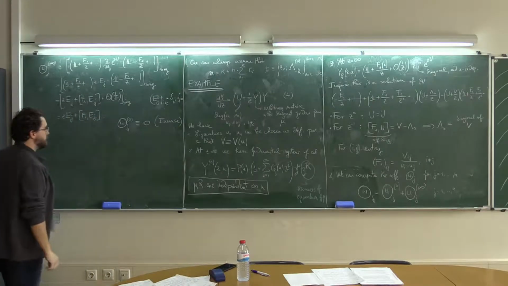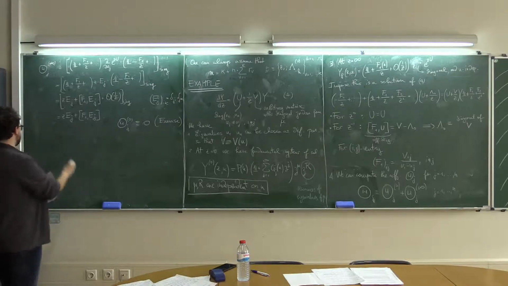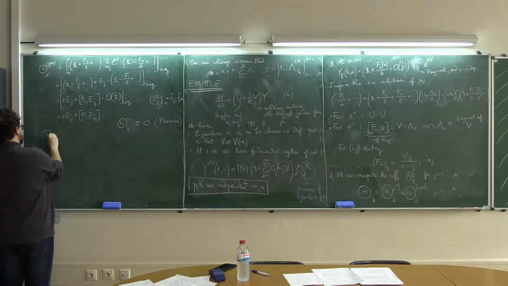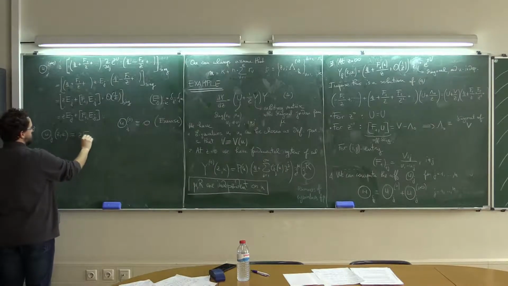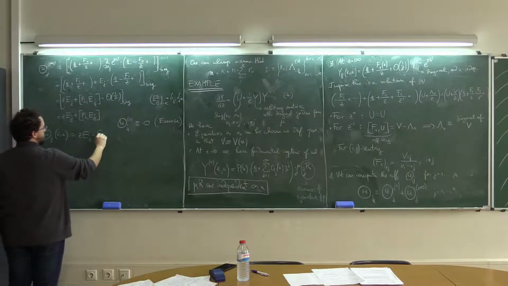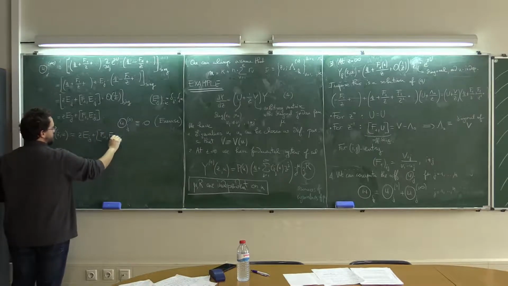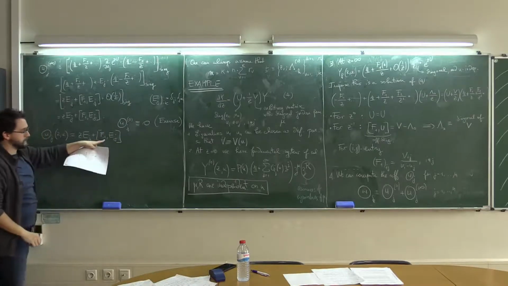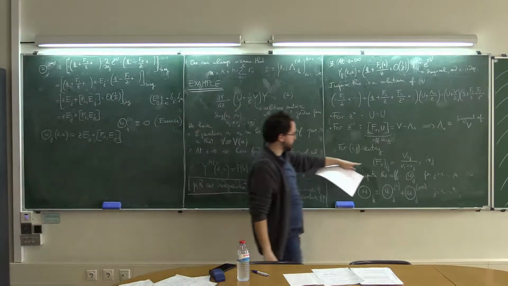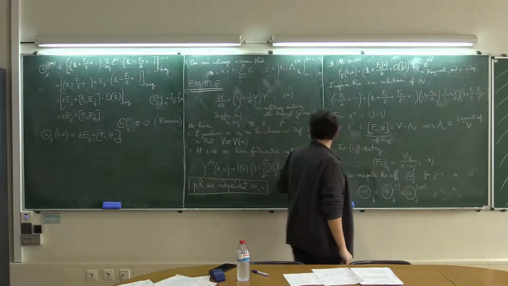But then we have the following result, that the functions theta j, functions of z and u, are given by z ej plus f1 times ej. I recall to you that f1 is a function of u because of this.